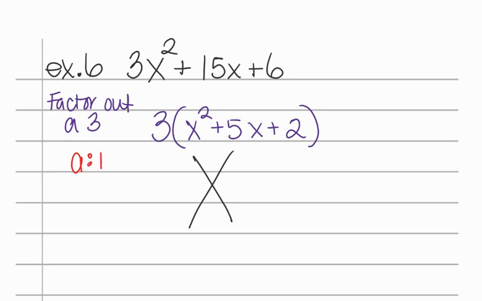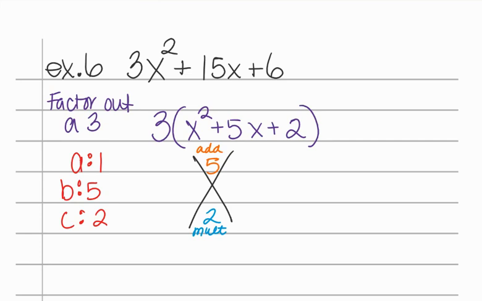Identify our a is 1, our b is 5, our c is 2. Put my b up top, and remember that my two numbers are going to add to 5. And they've got to multiply to 2.